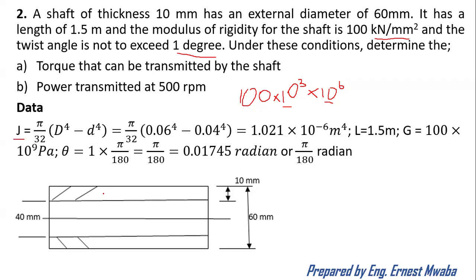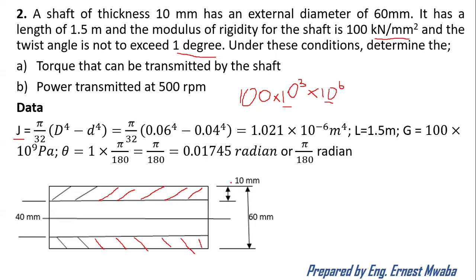The thickness of the shaft is this. In other words, the shaft will have an external diameter of 60 millimeters, but then we also have the thickness, meaning that this is a hollow shaft. In the middle, there is no material.